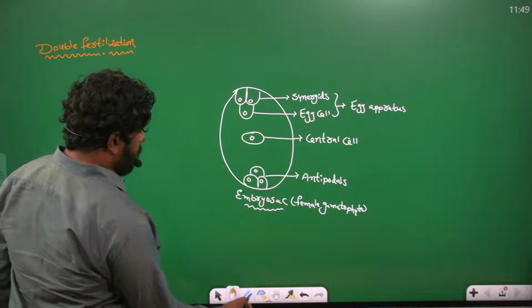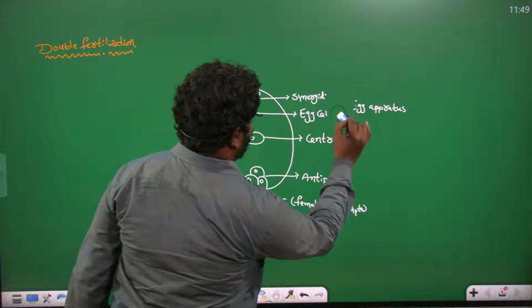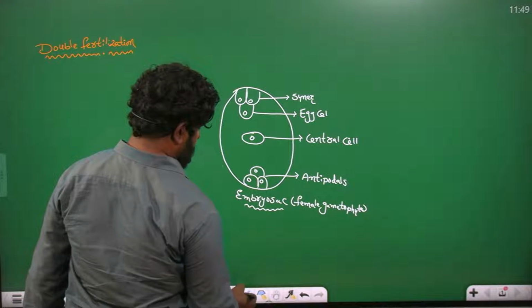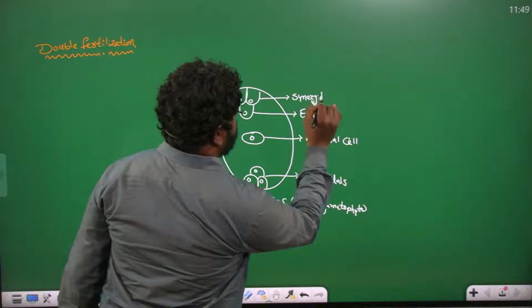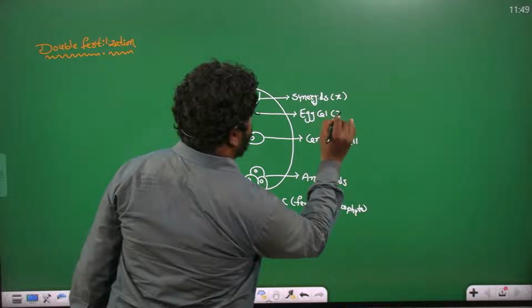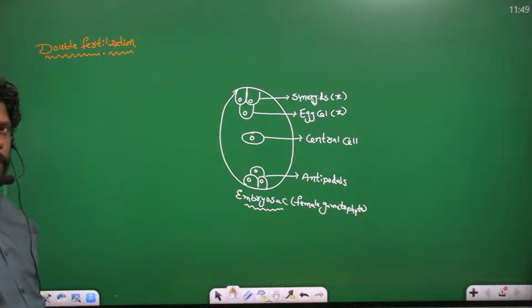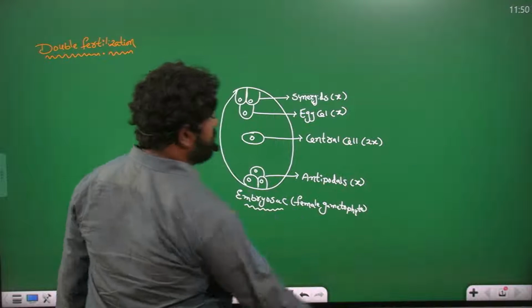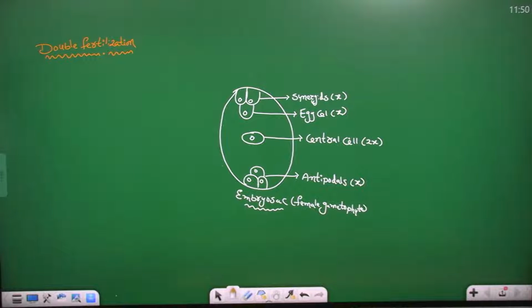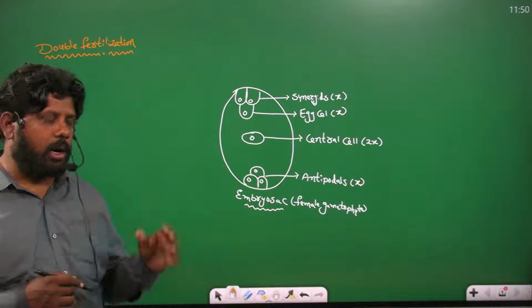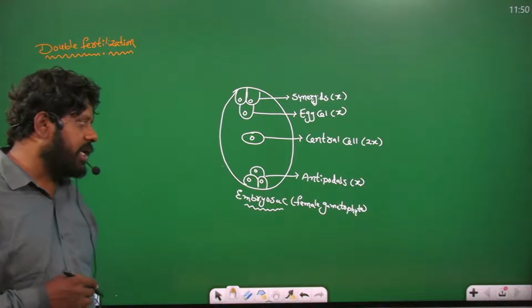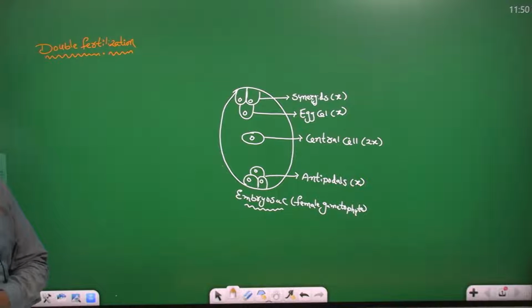And listen carefully. Generally, synergids are present in haploid condition, the egg cell is present in haploid condition, the central cell is present in diploid condition, and the 3 antipodals are present in haploid condition.